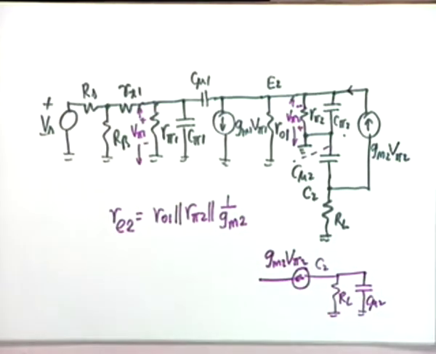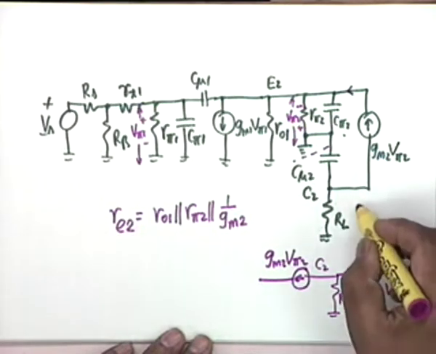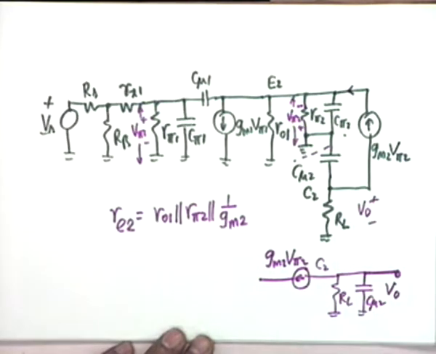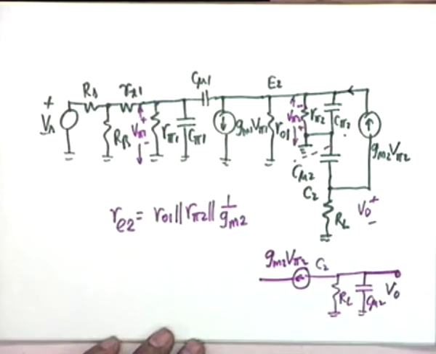I don't care where this current generator goes. All that I know is that this current has to flow through this parallel combination to produce V0. Agreed? This current GM2 V pi 2 multiplied by the parallel combination of this will be equal to V0. That's all that I need. My aim is to find V0 by Vs.